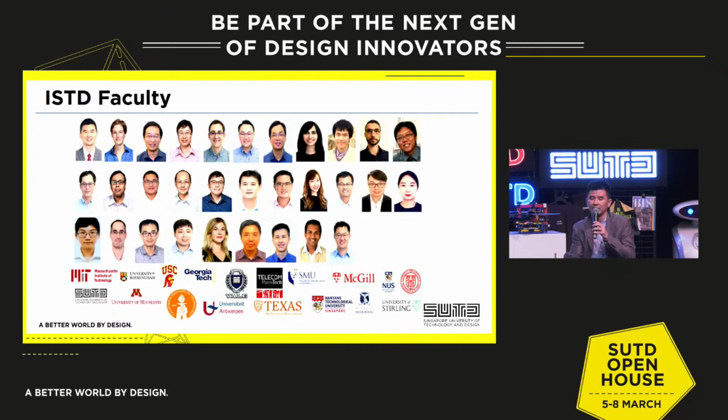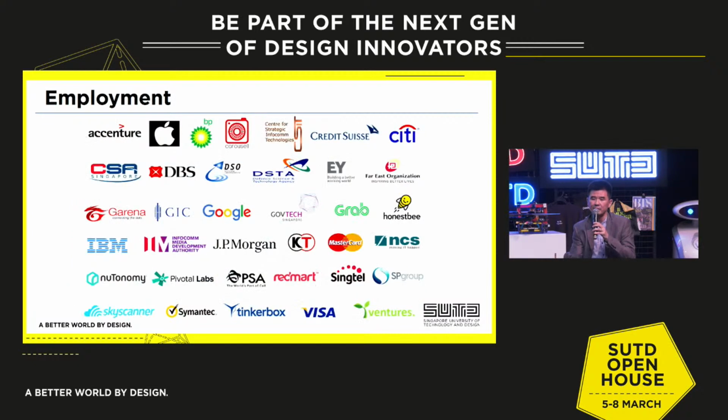So this is a brief look at our faculty, who were trained all around the world. They are experts in their own areas. Our students are employed across many industries all around the world, both locally and globally. Today we have two guest speakers, or panelists, from the industry. They can share their knowledge.